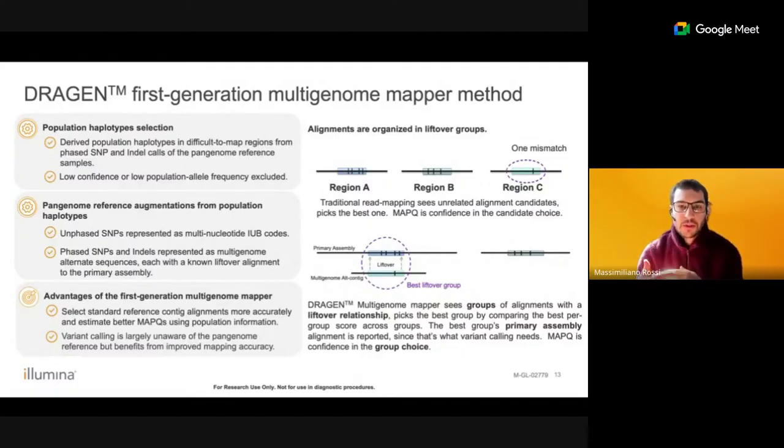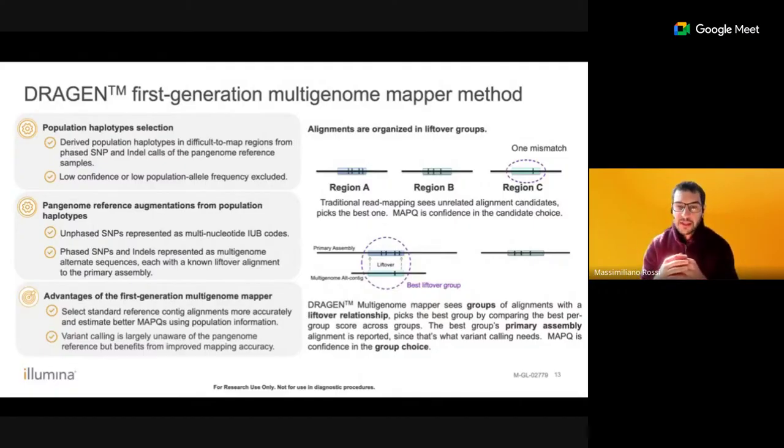And since we want this haplotype to be as accurate as possible, we filter out low confidence calls and low population frequency calls, since these could not be as reliable in guiding the mapping process. Then we augment the reference genome in two ways.